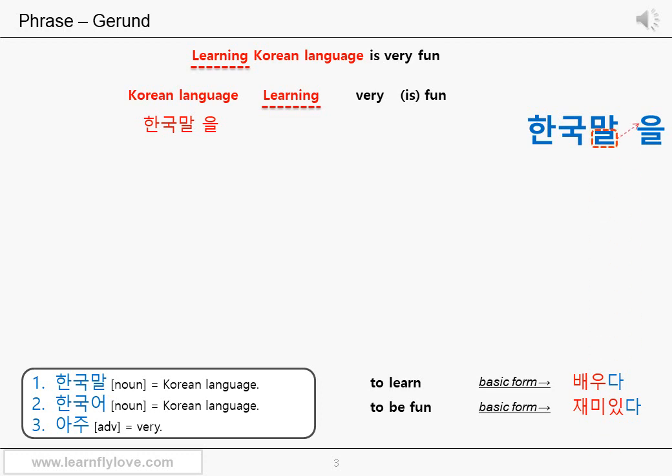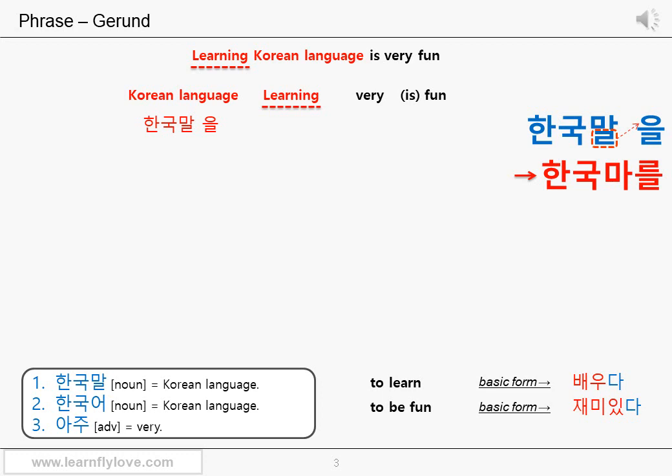Therefore, it takes the final sound ㄹ from the 말 block of 한국말. So, 말 becomes 마 and 을 becomes 를. 한국말을.